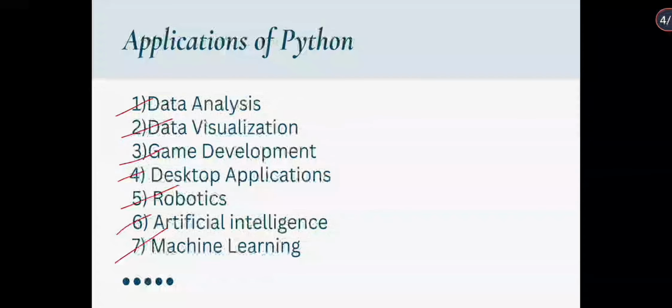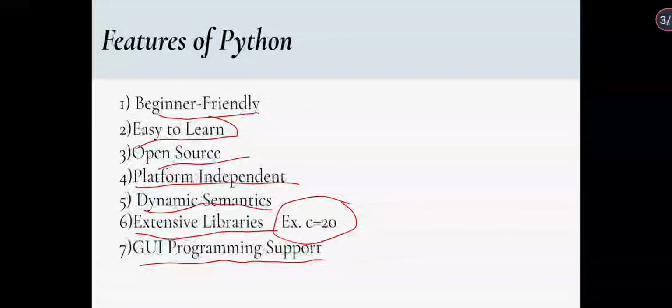After that, we discussed the features of Python: beginner friendly, easy to learn, open source, platform independent, which means we can run the program anywhere. After that, dynamic semantics. Dynamic semantic means it checks the behavior of your code at running time. Then extensive libraries.